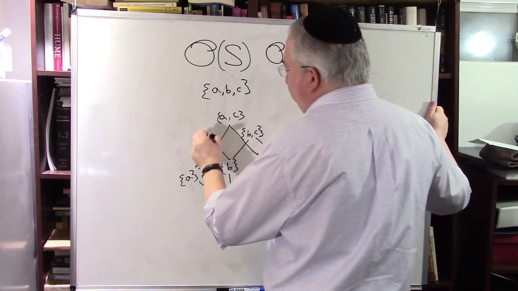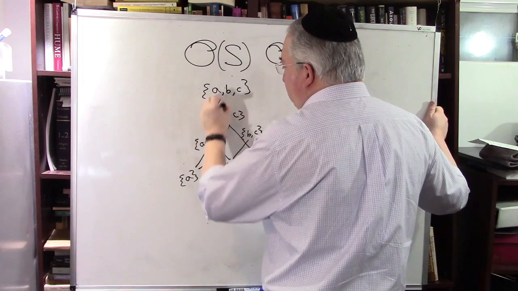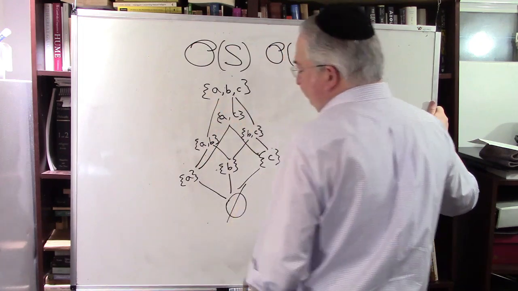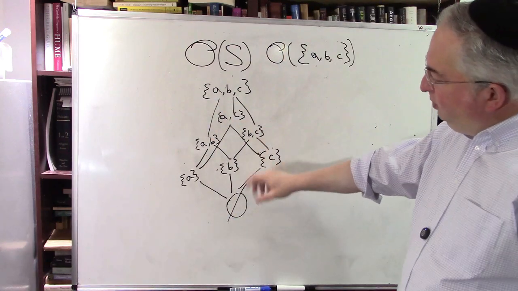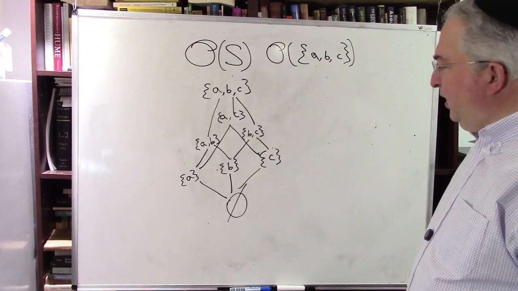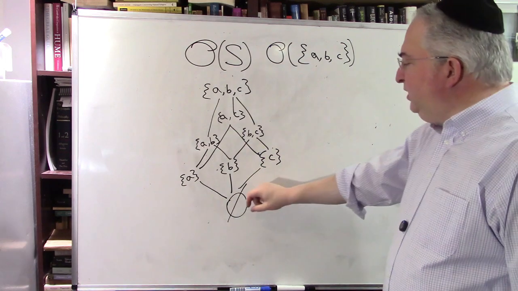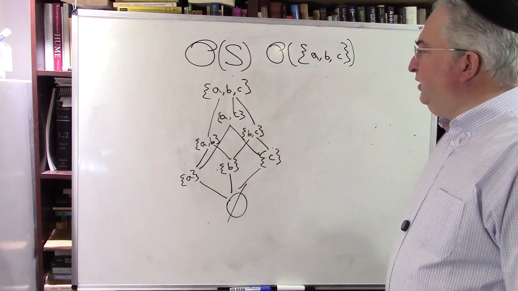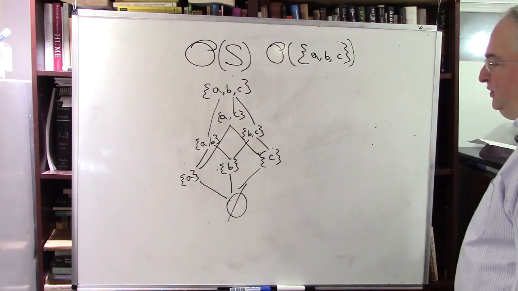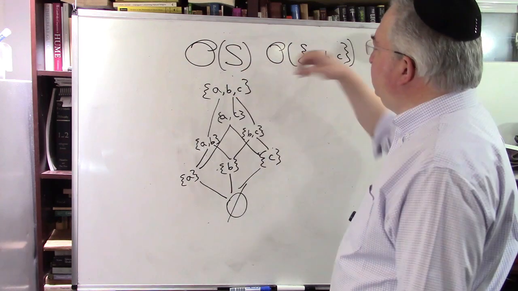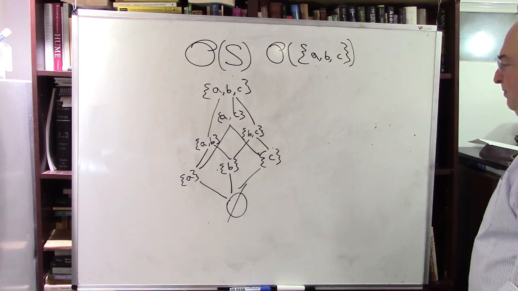All these 2-element subsets include into the larger one. So you have some type of cube. If I had drawn it a little more carefully, you would have a cube standing on one edge. Here's one edge, and here's another edge. So that's very nice. But again, for any set S, the set of subsets is a partial order.